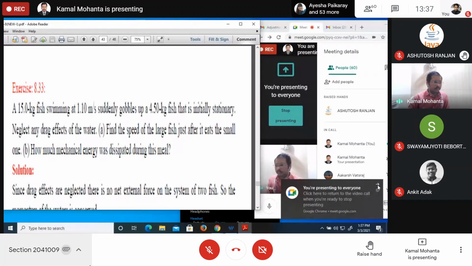So x and y are perpendicular to each other, and x, y, z are mutually perpendicular to each other. Any axis can be taken. You can take x.